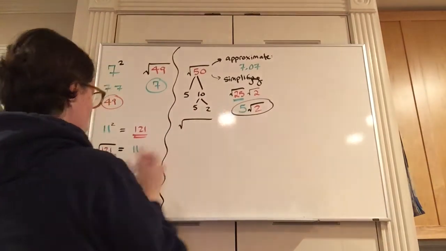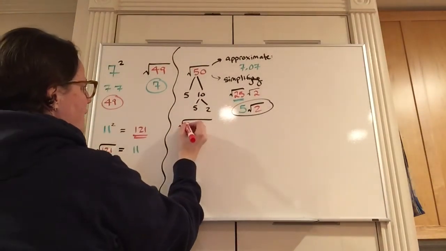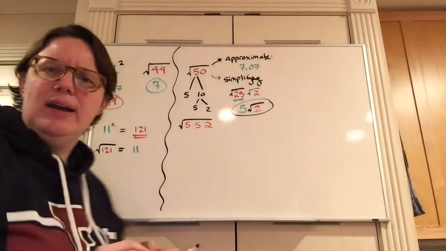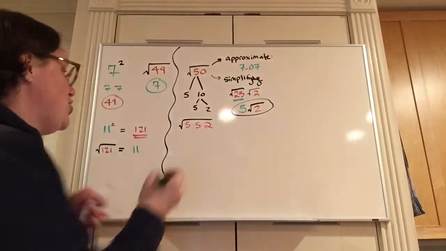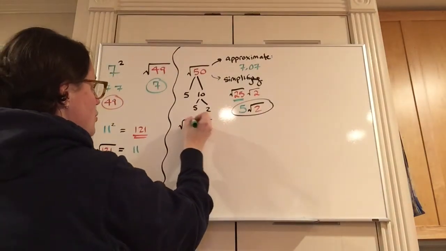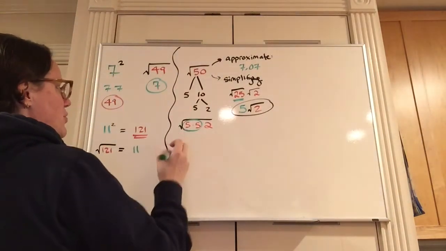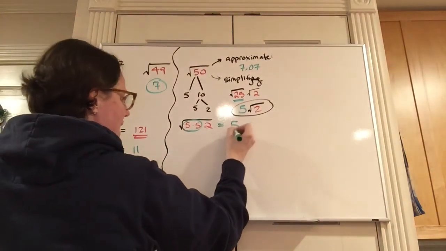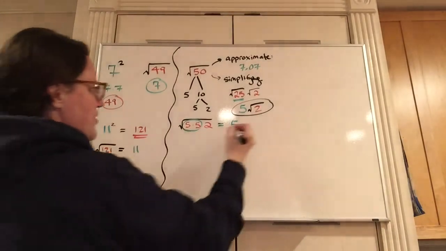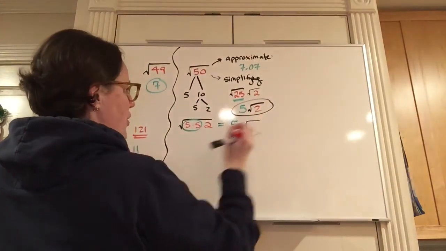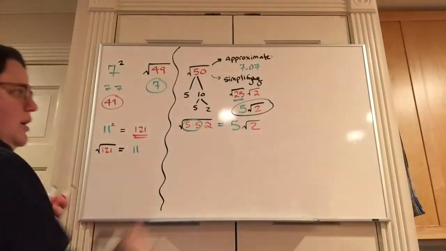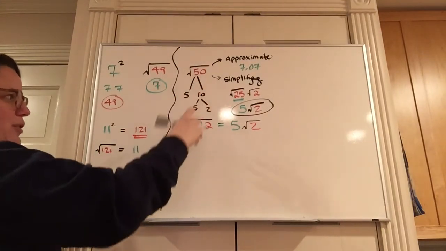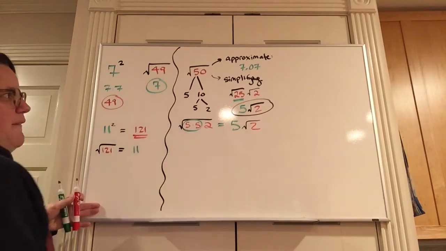If you look at a root that has underneath it 5 times 5 times 2, there's this little trick: whenever you have two numbers that match underneath a root, you can pull that out to become one regular number. The square root of 5 times 5 is 5. This becomes 5 on the outside times the square root of 2 on the inside. So a pair on the inside becomes 1 on the outside. 5 squared is 25, so the square root of 25 is 5.